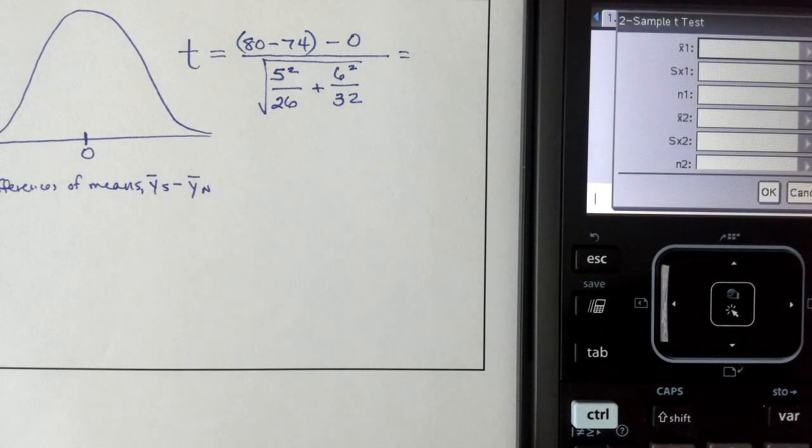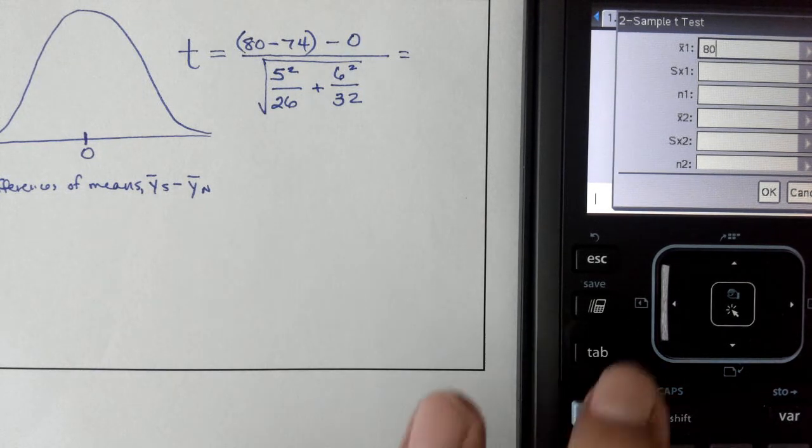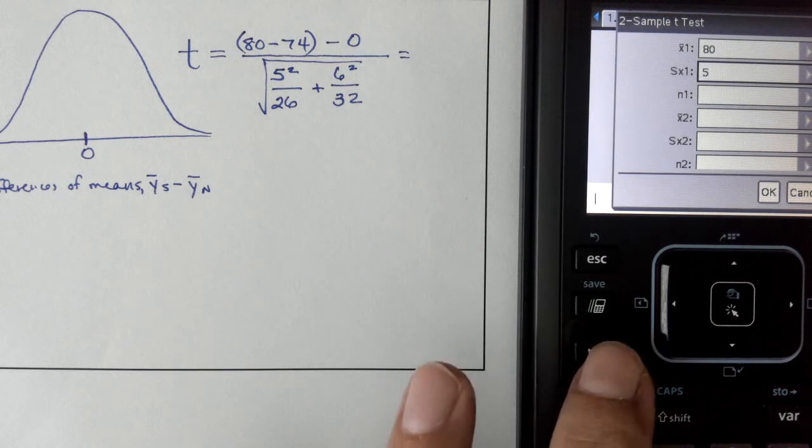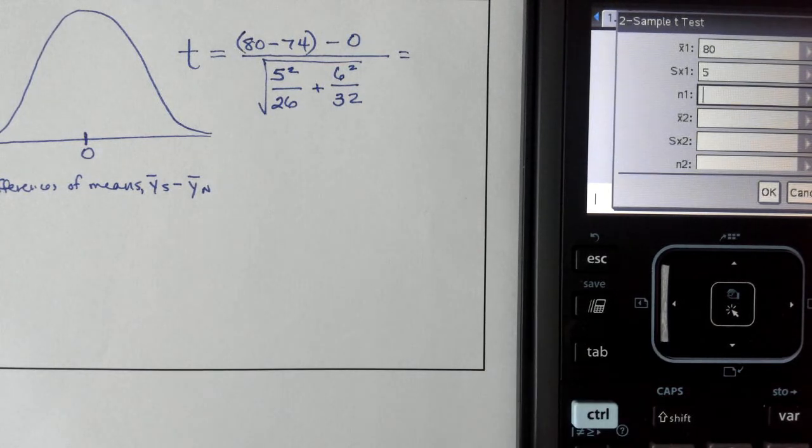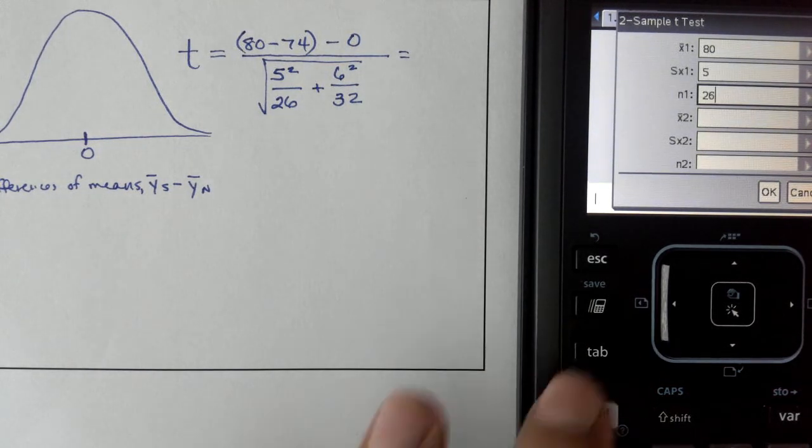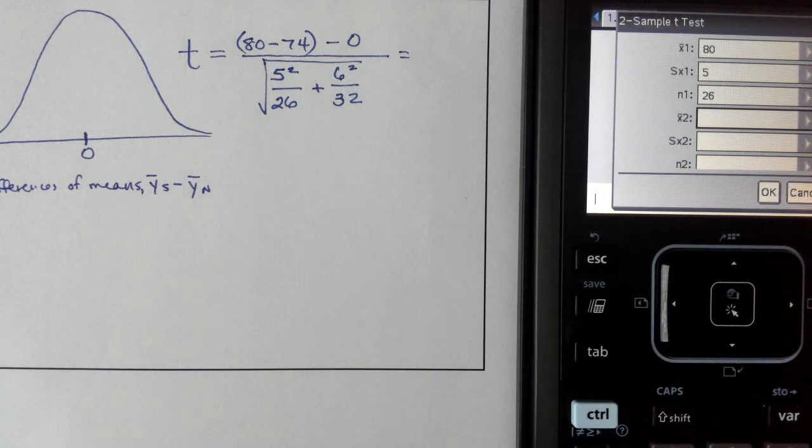And so I did smokers as my first group, so x bar 1 and n1 are going to be the smokers group. So 80 is the mean of smokers, 5 is the standard deviation of the smokers, and the sample size was 26. Group 2 is non-smokers.